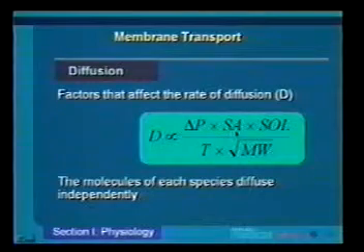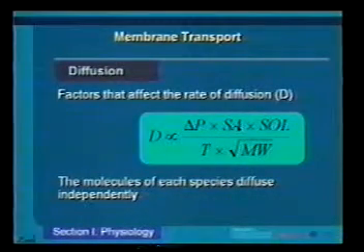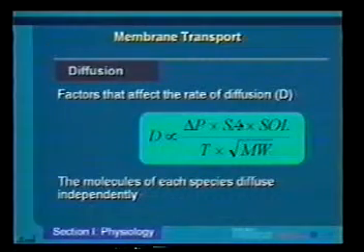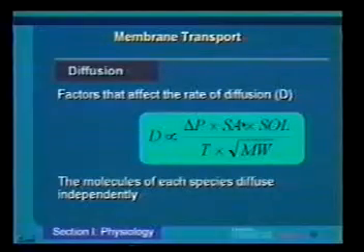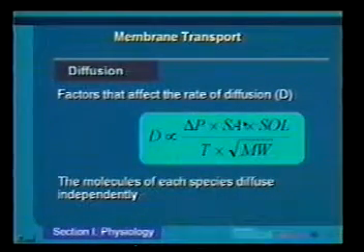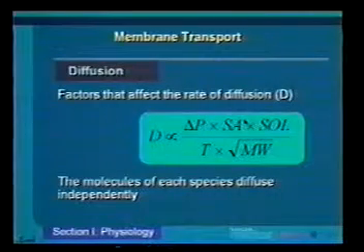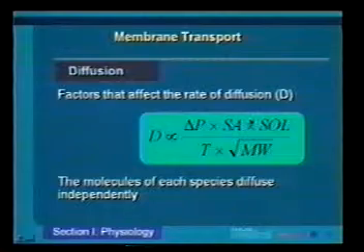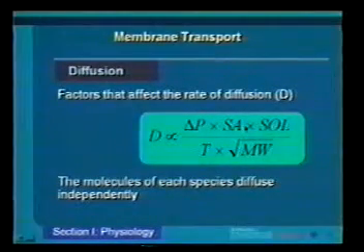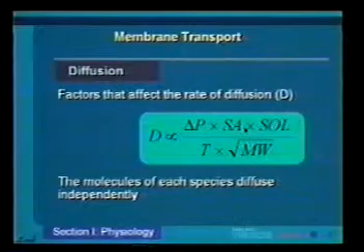Now, the second variable is surface area. Since it is also in the numerator, the greater the surface area, the greater the rate of diffusion. For example, if an individual develops emphysema, you will lose surface area, and because you lose surface area, the rate of diffusion decreases. And the more surface area you lose, the slower the rate of diffusion.